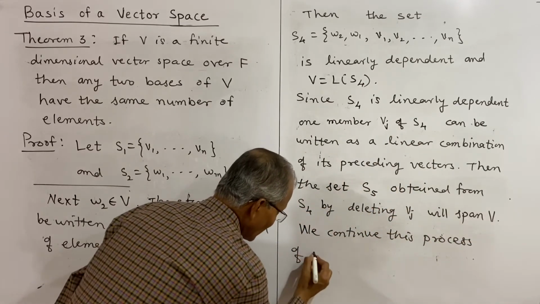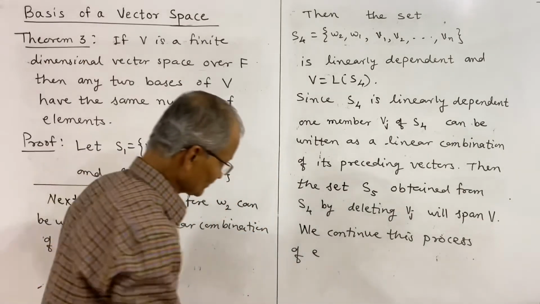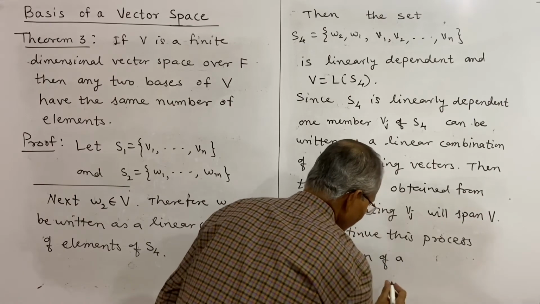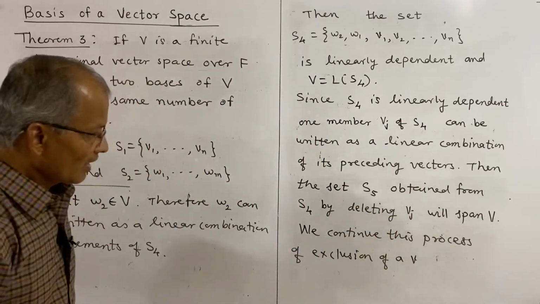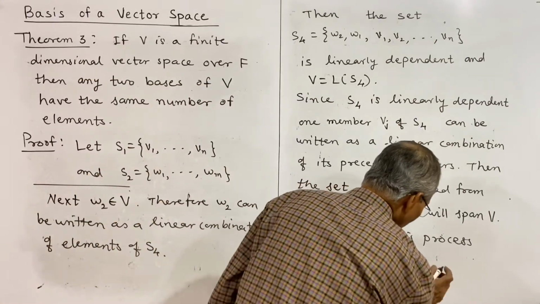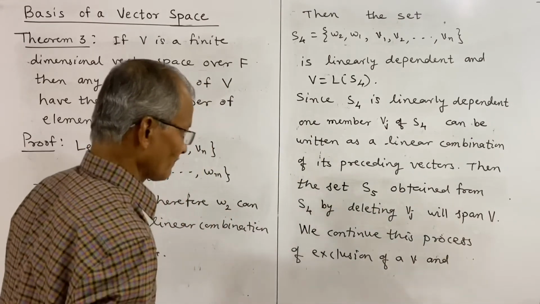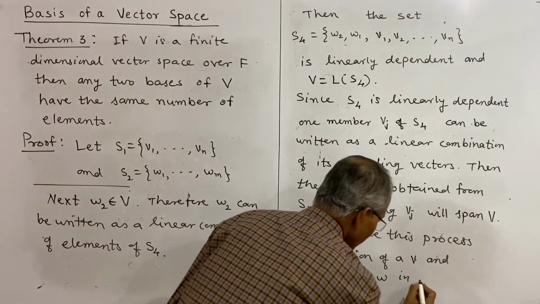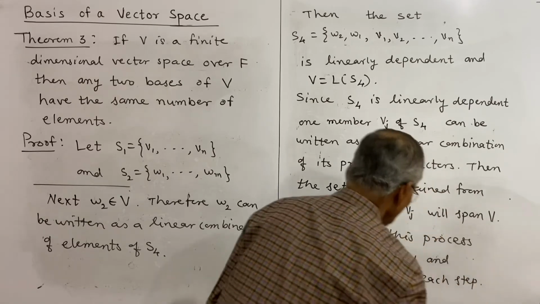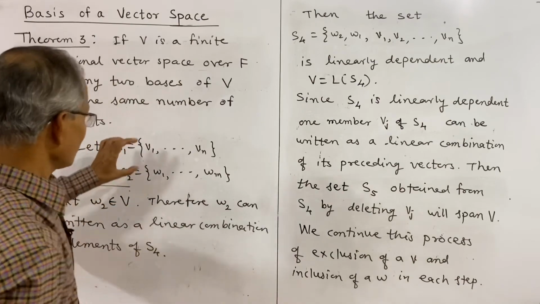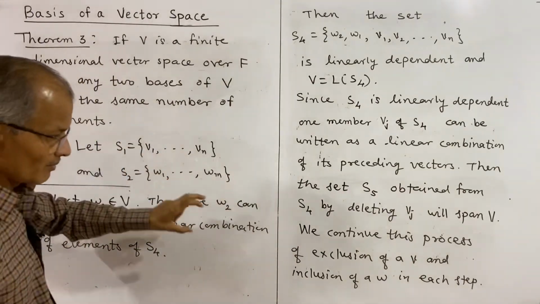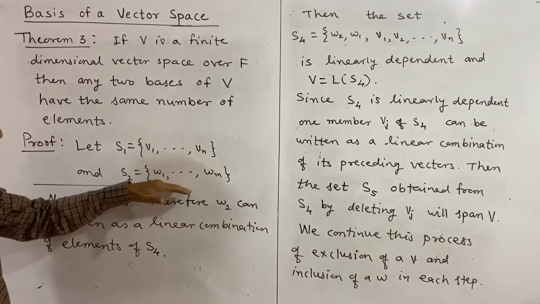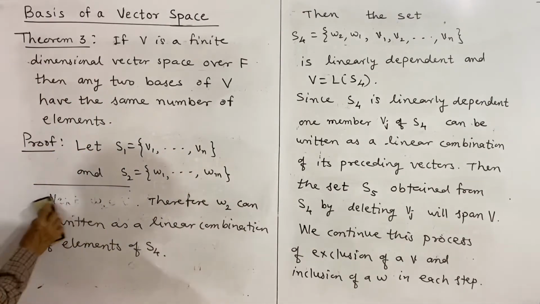We continue this process of exclusion of a V, that means one member of V, and inclusion of a W in each step. Then we will replace these V's by W's.